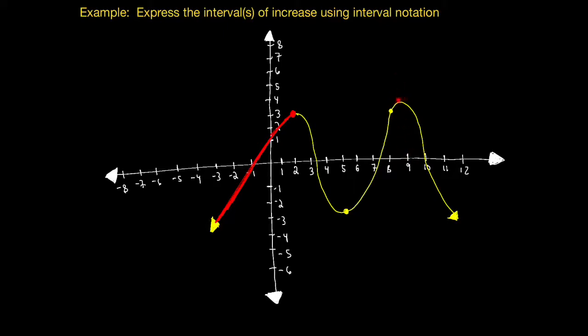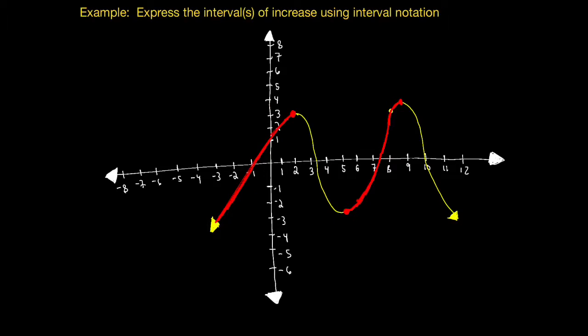So let's go ahead and highlight this in red as well. And now let's continue beyond this point, and you see that we get a decrease. So our intervals of increase are this section and this section.